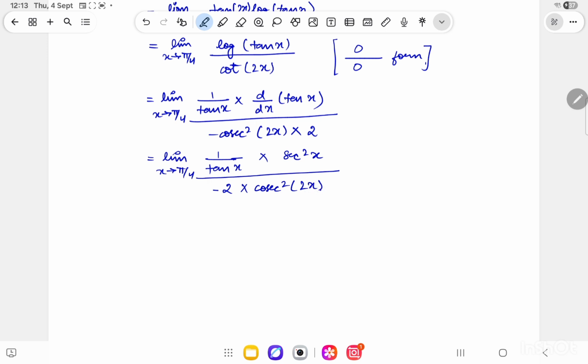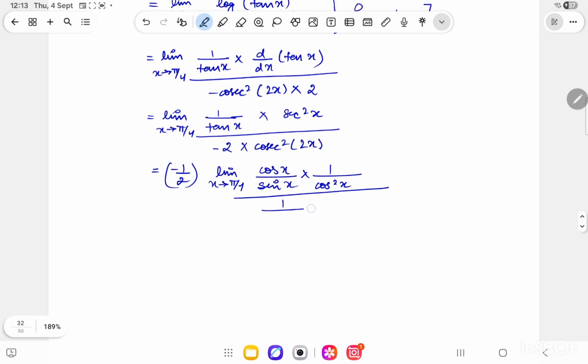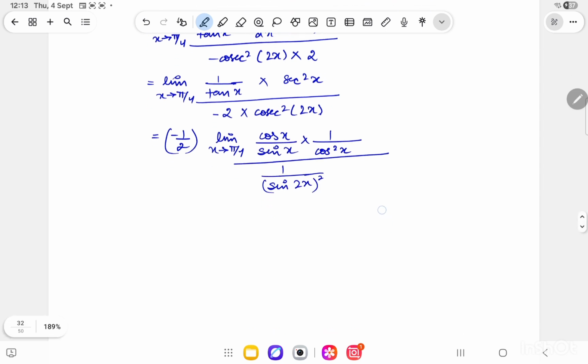So let's just convert it in sine and cos form to simplify it a bit. So we'll be getting minus 1 by 2 into limit x approaches pi by 4, cos x upon sin x into 1 upon cos square x, upon 1 upon sin 2x whole square. So this thing will be basically equals to, this cos x balances this one.